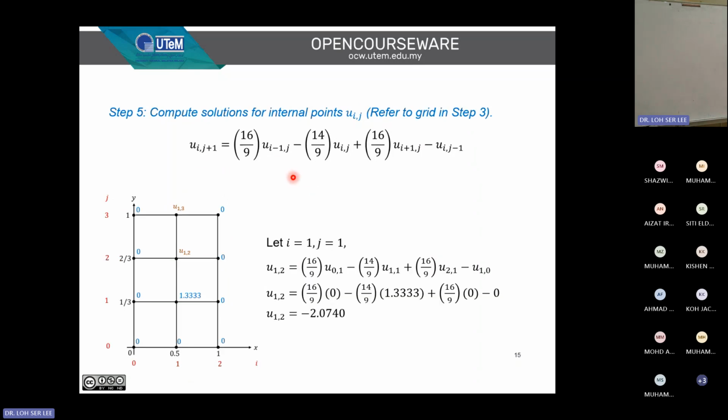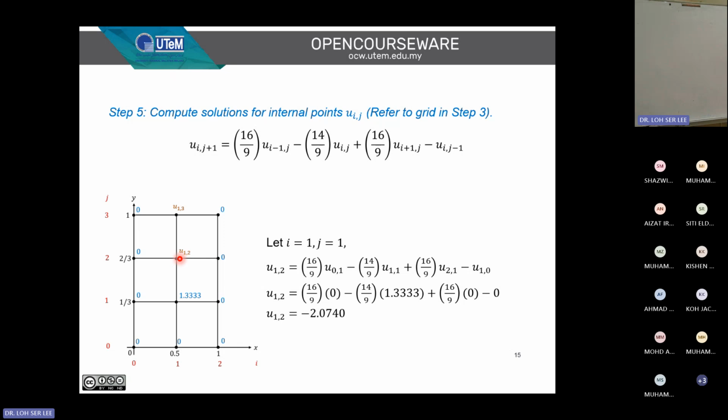But after that, when you get to find this, and next you want to find for u12, the 4 points will be 1, 2, 3, 4. You just substitute the points directly. The first point, the second point, the third, and the last. So you minus 0, last one. Then you will get your u12.